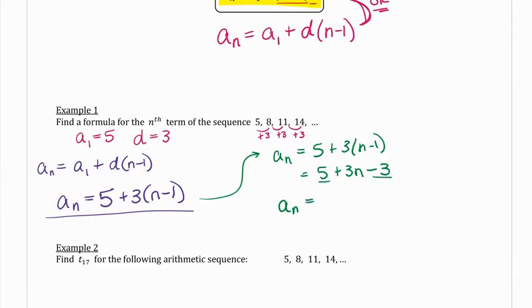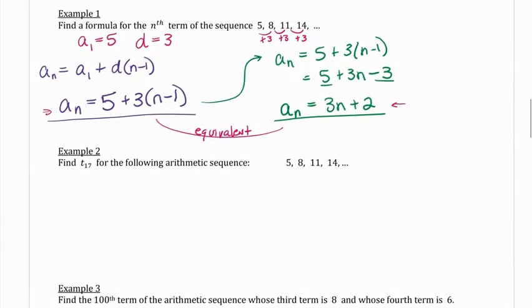If I add my like terms there, I'd get 3n, 5 minus 3 is plus 2. So I could also write it that way. These two are equivalent, just two different ways to write that rule. Whether you want to write it more like the formula over here, or if you want to simplify it and leave it that way, you'll see that done both ways.